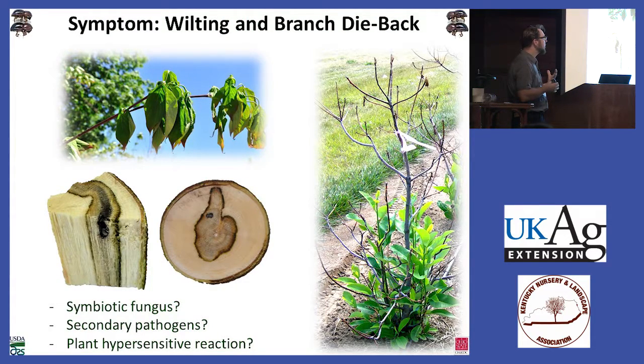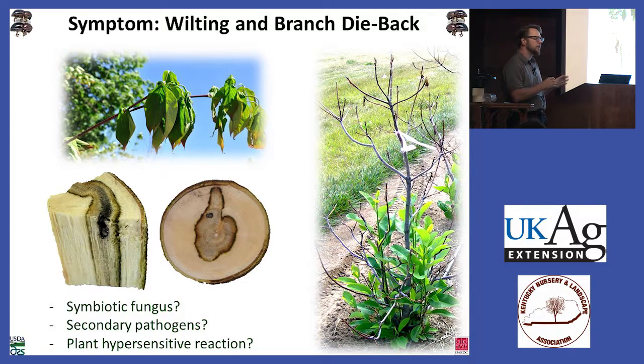We also see wilting and dieback. As you can see here, this is a magnolia, and this entire stem has died back. The basis for the dieback is really not well understood.